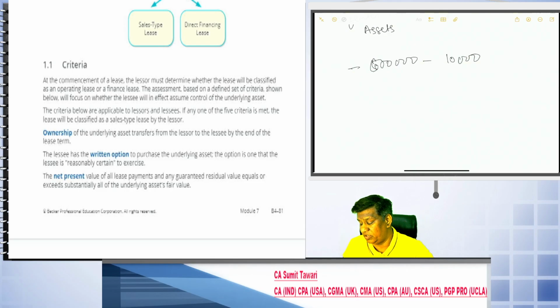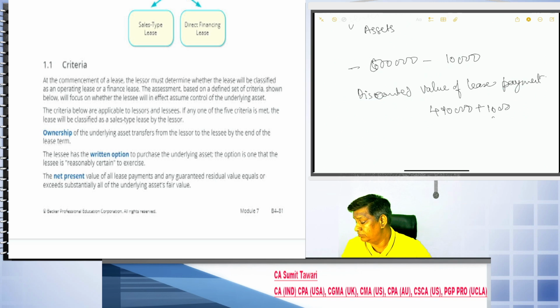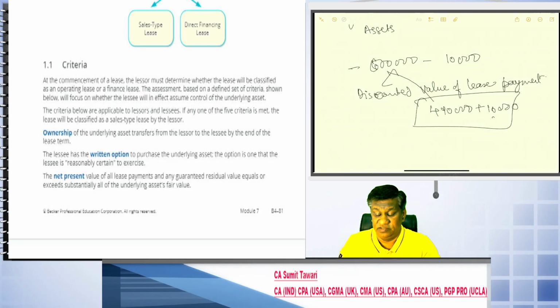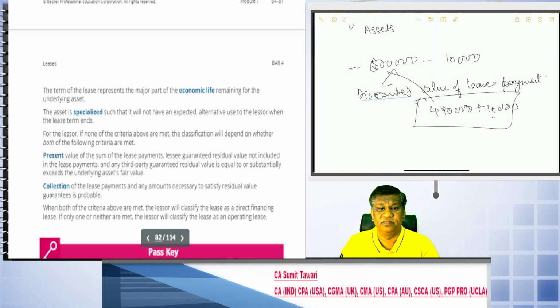So the discounted value of the lease payment is 4 lakh 90,000. Okay, so plus 10,000, which is equal to 5 lakh. So that's why it is considered as a finance lease.